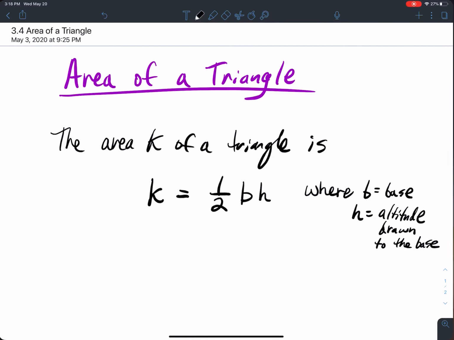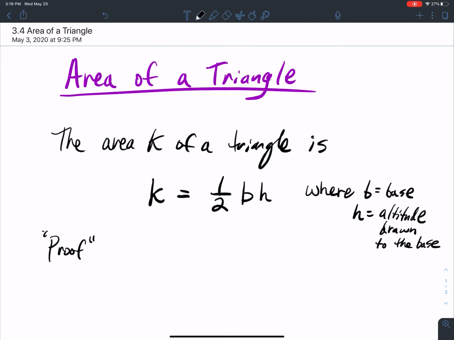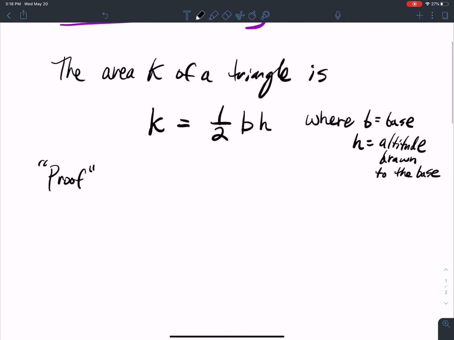So a little proof for you. Look at a triangle.